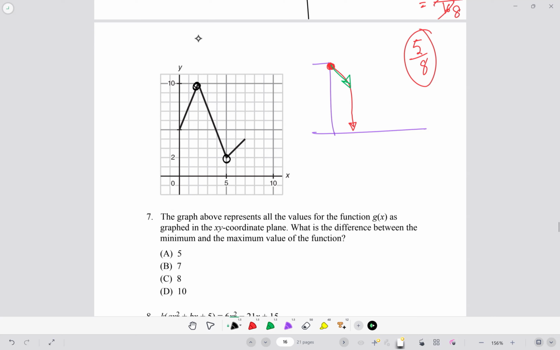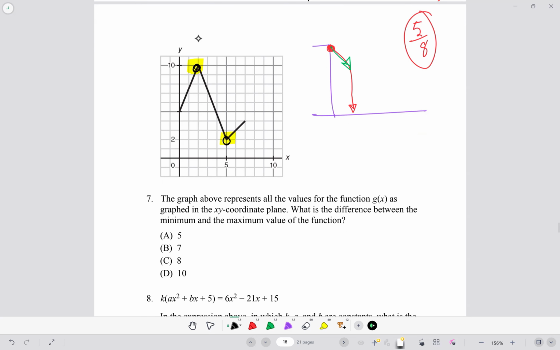I'm asking this question: what should you do? Just guess. From our previously discussed concepts, which one should you subtract?